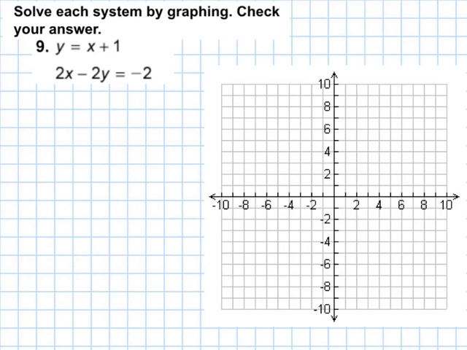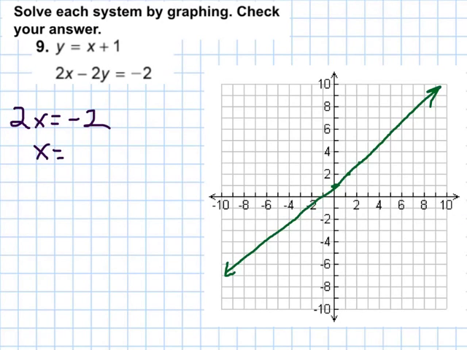Alright, next, y equals x plus 1, so we plot a point at 1. Slope is 1, so we'll go up 1, right 1, up 1, right 1, and draw that line through. And now we'll look at our second equation. The second equation, we're going to make y 0.